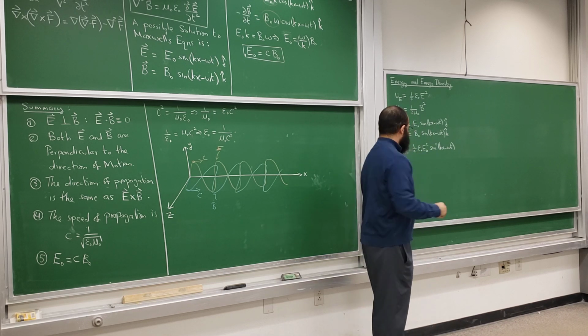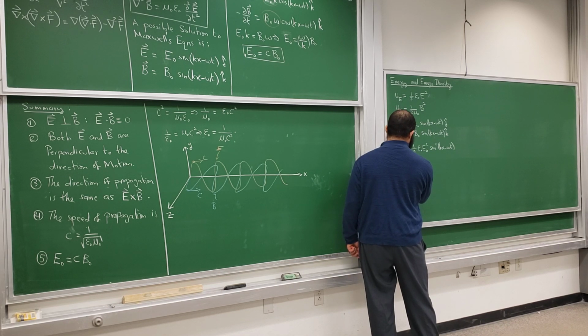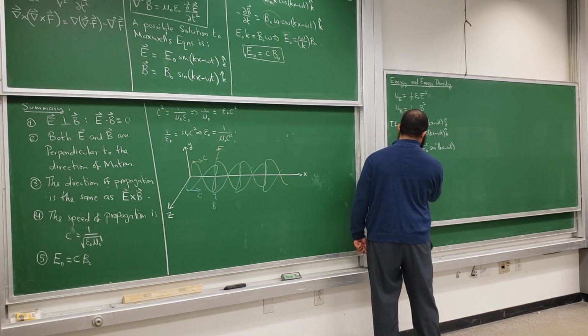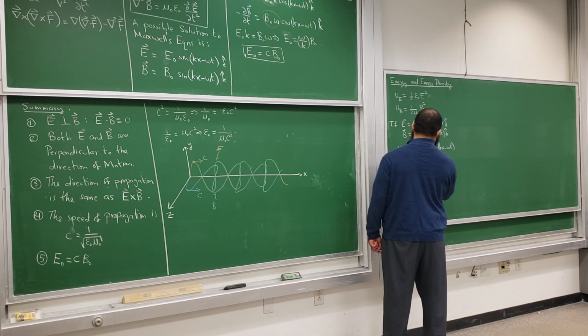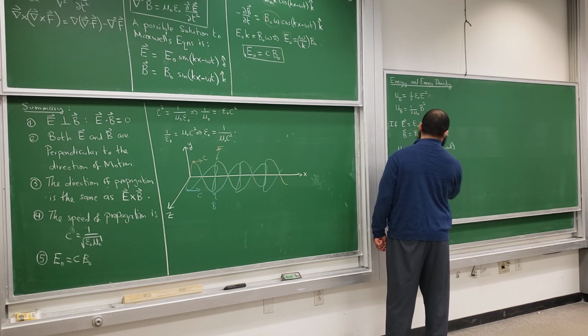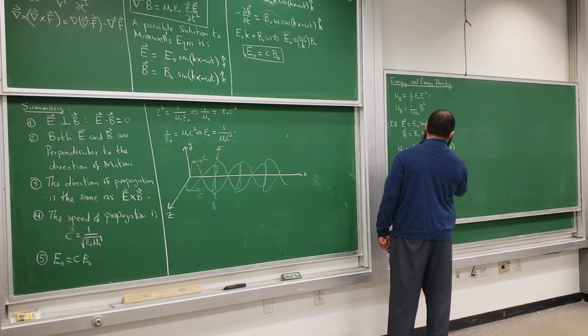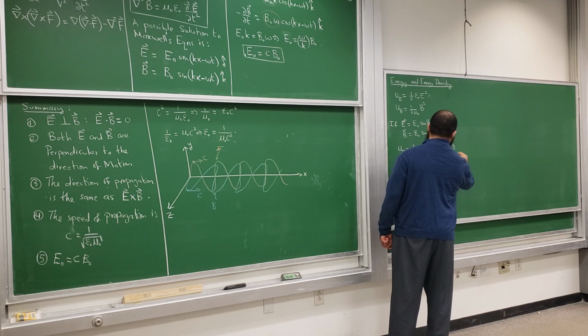And the one with the magnetic field is equal to 1/2 mu naught B naught squared sine squared of kx minus omega t.